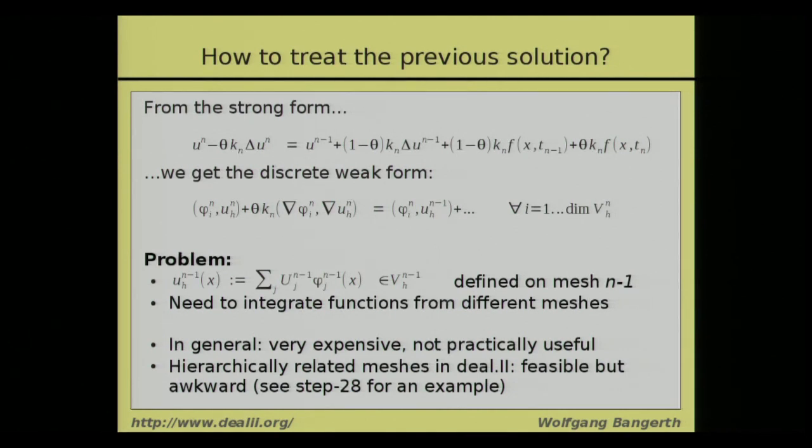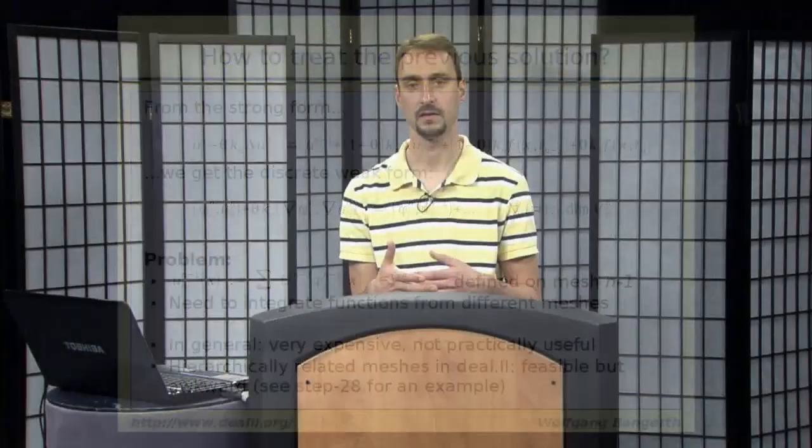Now, if I split this integral into the cells at time t n, then I get quadrature points on the cells on the mesh at time t n. And I know how to evaluate these functions phi i n at these quadrature points, because I know that the shape functions are just mapped from the reference cell to the cells at time t n.